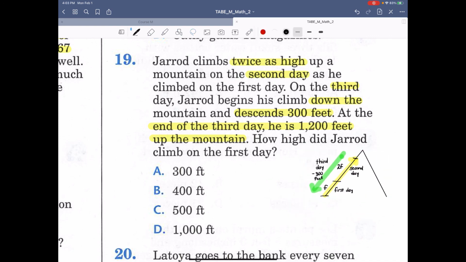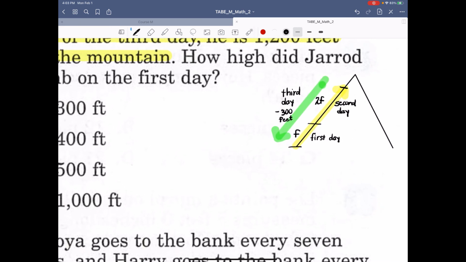So here's what you could say if you want to set it up in word form. We're going to take the first day plus the second day minus the third day, because on the third day he started back down. He turned around.